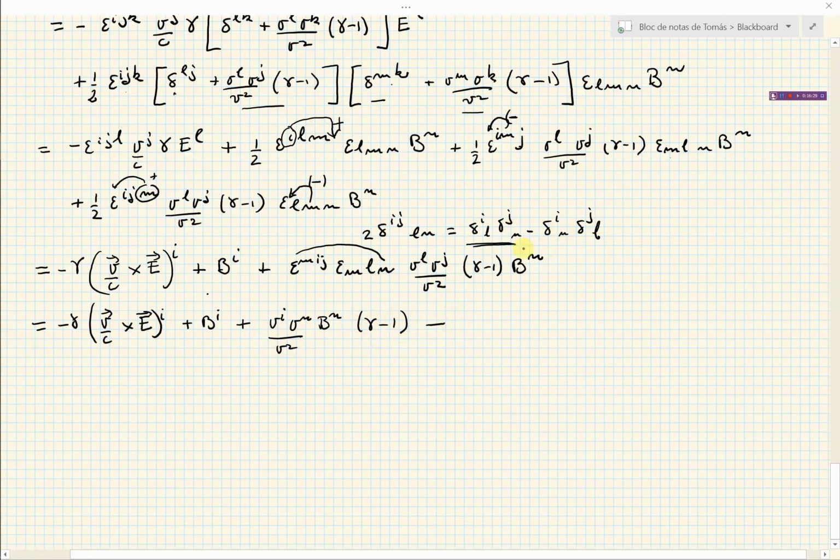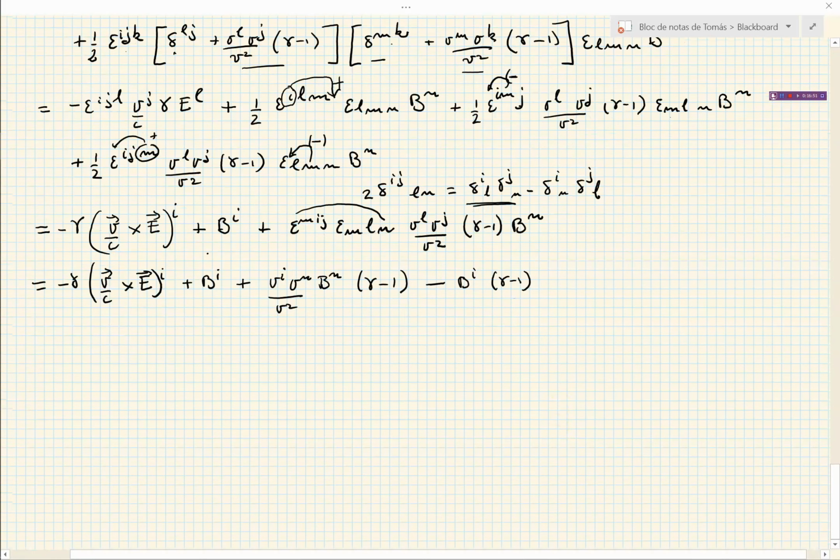Minus, in the second term, i and n are contracted. Okay, so V_n becomes V_i. I have the gamma minus 1, and then j and l become the same, so I get V squared divided by V squared, so nothing.